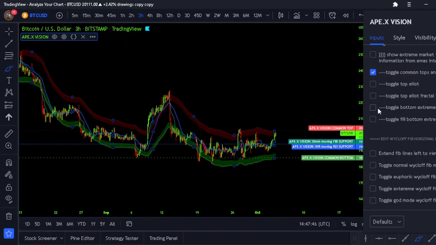So you see that the 200 was acting as resistance. We have now broken above it again. The 55 EMA was acting as resistance right here. There's no good cases. I mean, right here there's a little bit of support on the 55 and the 100.